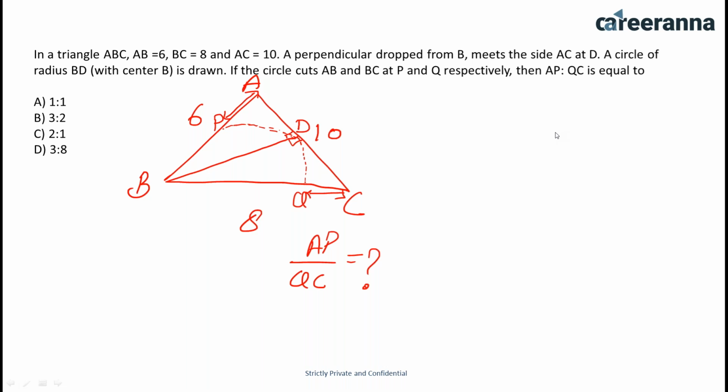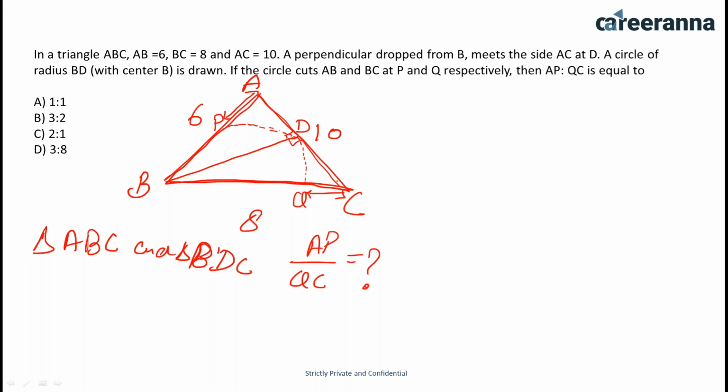See, the side is given to you. BD is given to you, and angle BDC is a 90-degree angle. So directly you can easily set up a relation between triangle ABC and triangle BDC.